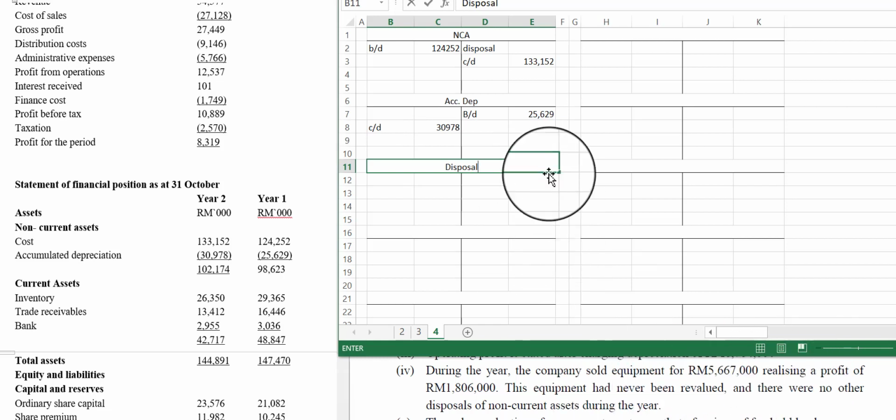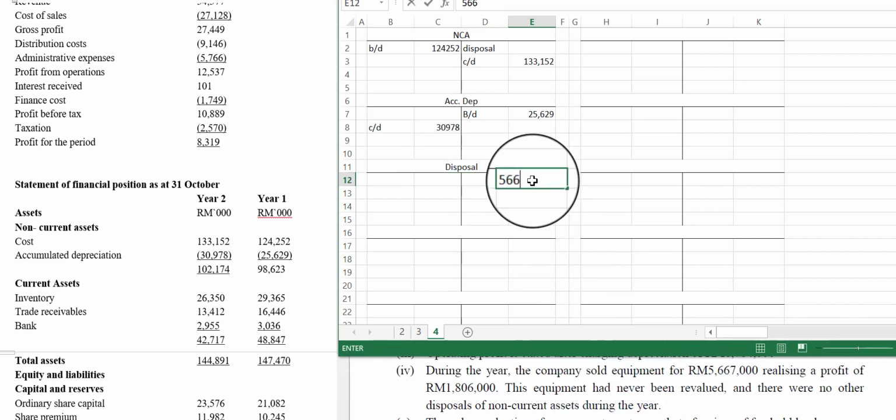During the year they sold it for 5,667, meaning they sold the machine for 5,667. So this will be something related to investing later on. This is your cash, and then they make a profit of 1,806. So this is a profit on disposal.